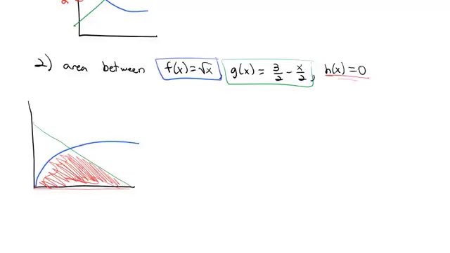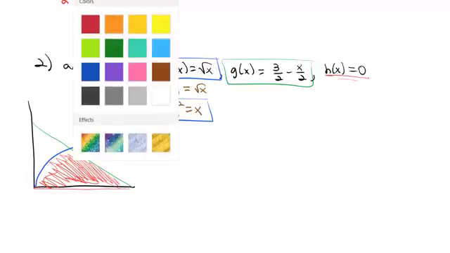We had to do it with 2 different integrals when we were integrating with respect to x, because there was a change in which function was on top. But if we integrate with respect to y, first we'll change all these functions to y functions. So y equals the square root of x. If I square both sides, we get y squared equals x. That's my new blue function.